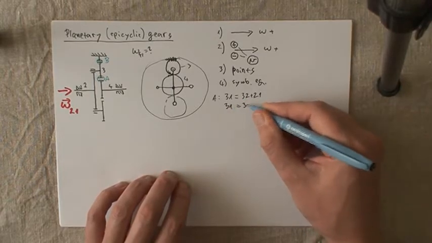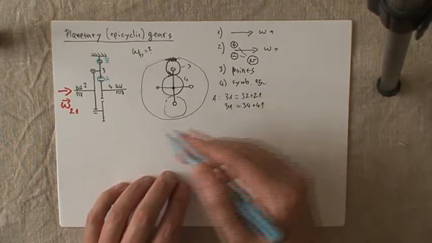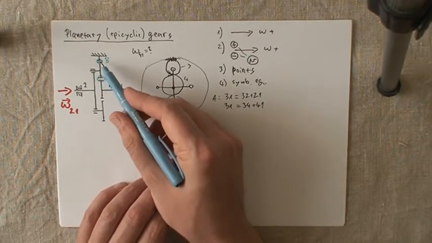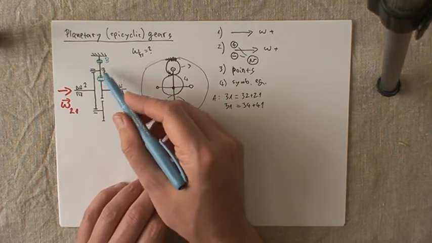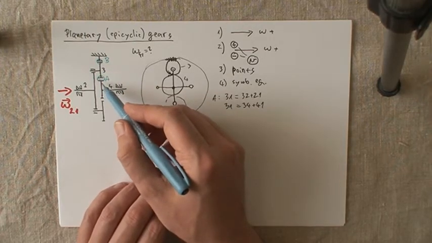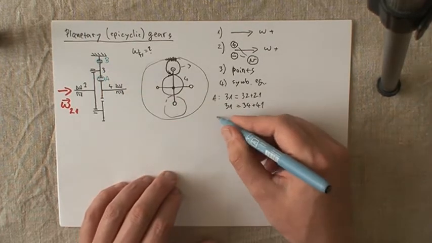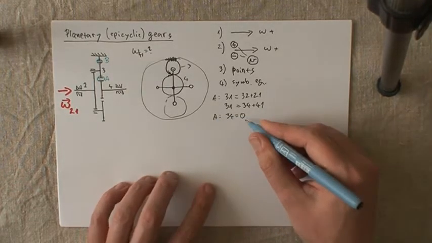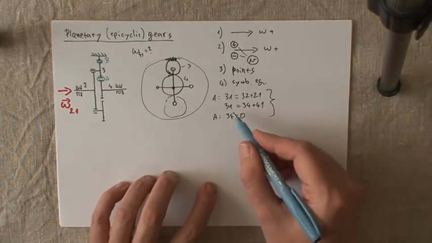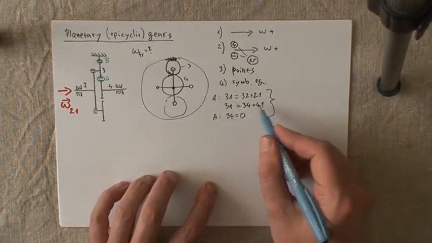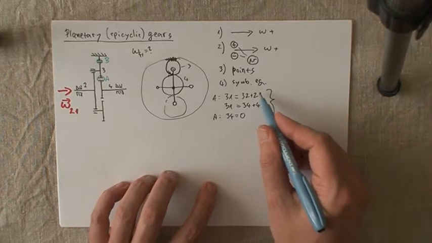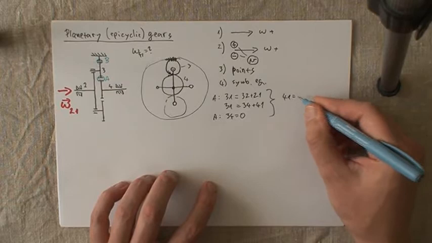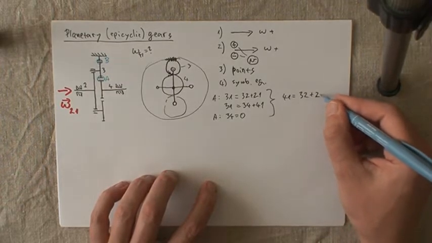And at the same time, it's 3, 4 plus 4, 1. And 3 to 4 relative motion between the planet, wheel 3, and the sun gear, number 4, is equal to 0. So in A, and only in A, 3, 4 is equal to 0. So if we put these together, 3, 4 is 0, 3, 1 equals 4, 1, so 4, 1 equals the right side of the first equation, and we will get 4, 1 equals 3, 2 plus 2, 1.